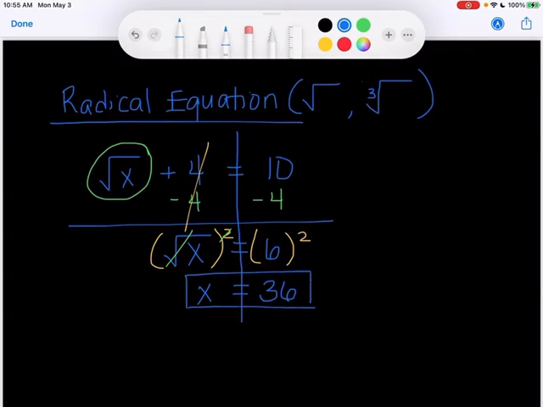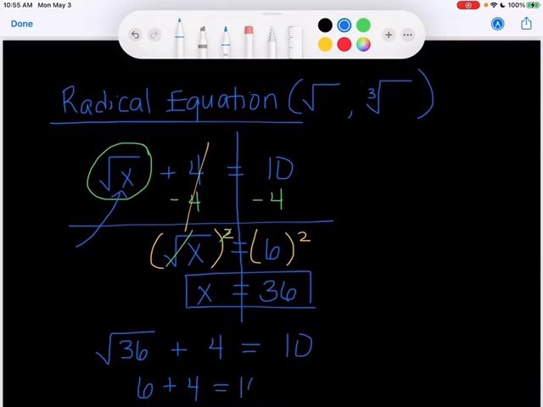So I'm going to plug that 36 back into the original equation where there's an x. So the square root of 36 plus 4 equals 10. Square root of 36 is 6 because 6 times 6 is 36. And 6 plus 4 equals 10. That is a true statement. So we know that 36 is the correct answer here.